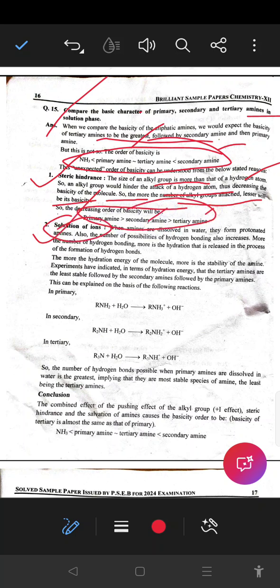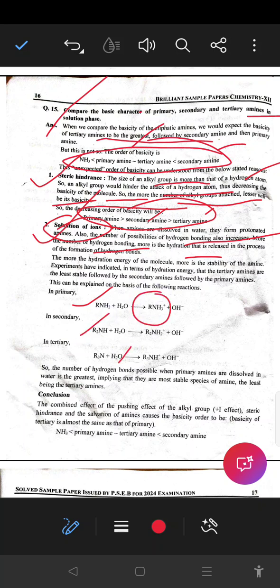After that, the second factor is solvation of ions. When amines are dissolved in water, they form protonated amines. The possibility of hydrogen bonding also increases. The more the hydrogen bonding, the more the hydration energy released in the formation of a hydrogen bond. So primary amine has the maximum tendency to form hydrogen bonds, then secondary, then tertiary.